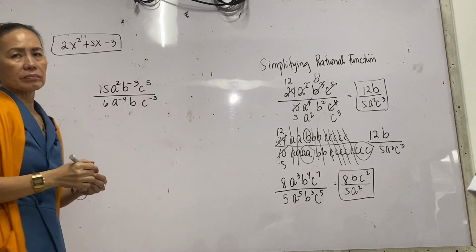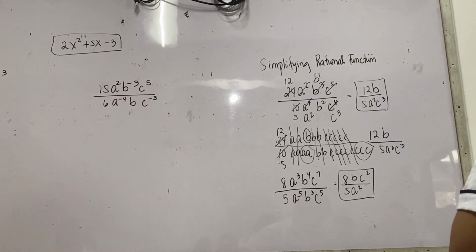Okay. So this time we have 15a^2b^-3c^5 all over 6a^-4b c^-3, it means b raised to 1. Kapag daw negative na nasa taas, ibababa natin para maging positive.